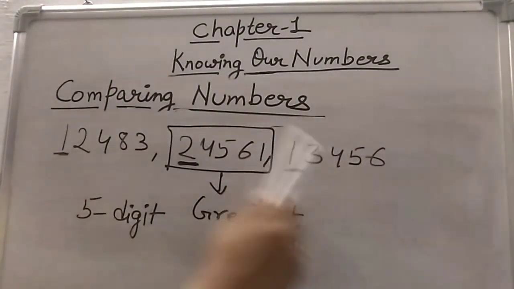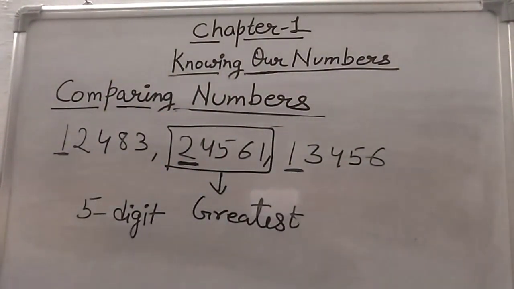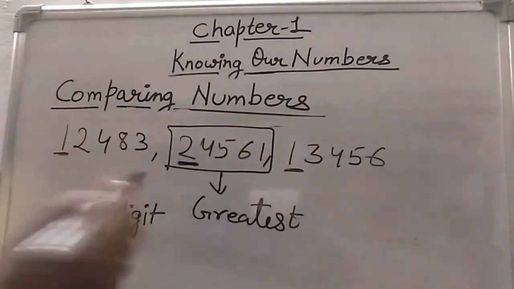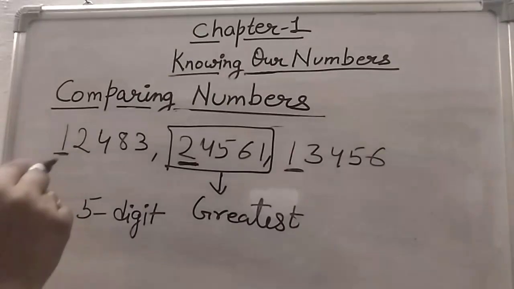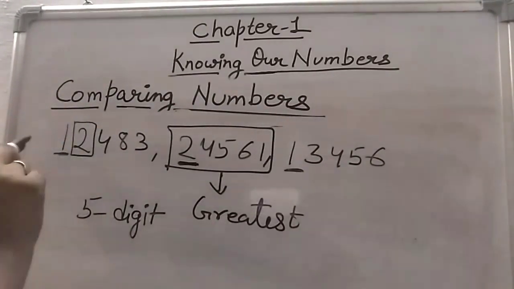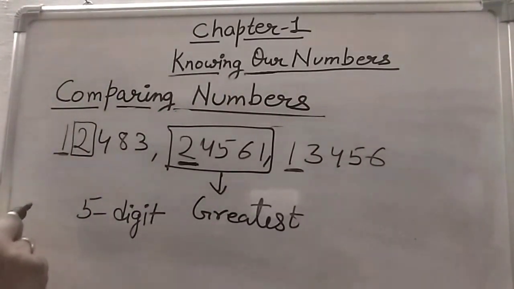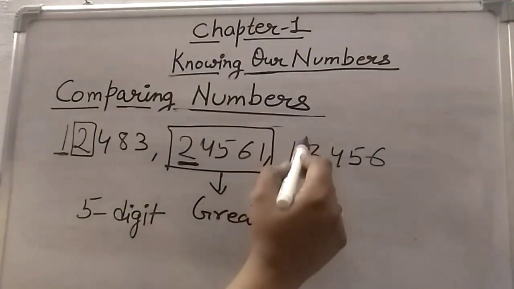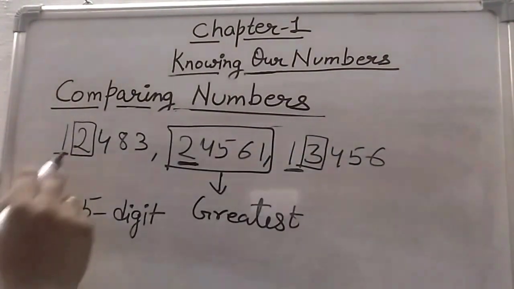Now come to these two numbers. We will find out which is greater and which is smaller. So 1 is not telling us which is greater, which is smaller. So we will check the next digit to the leftmost one. This is 2 and this is 3.